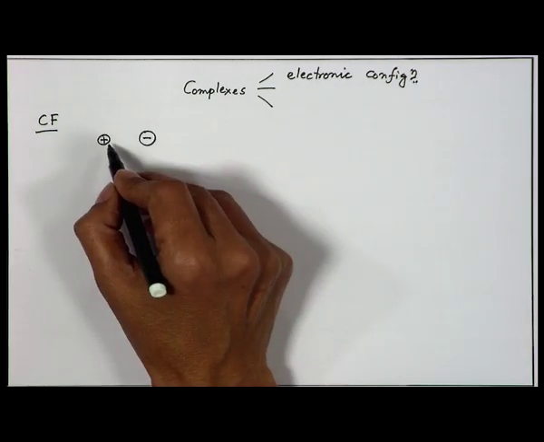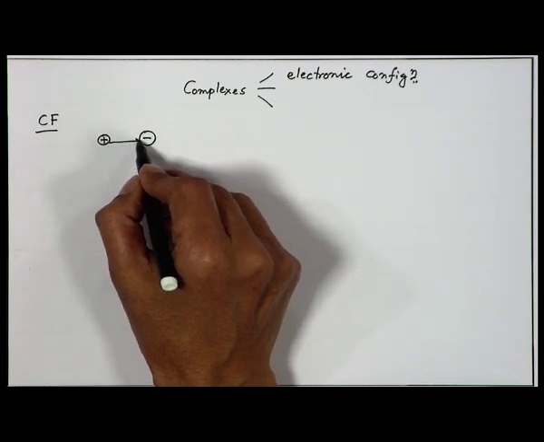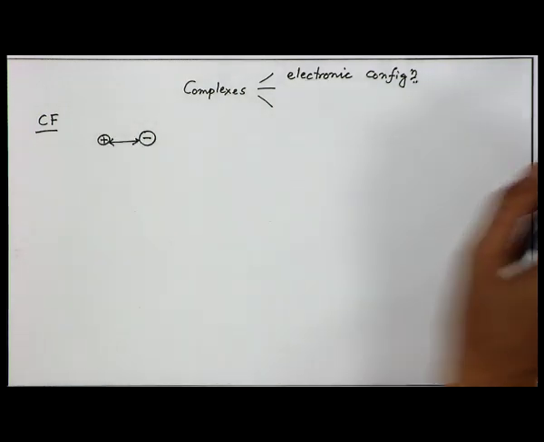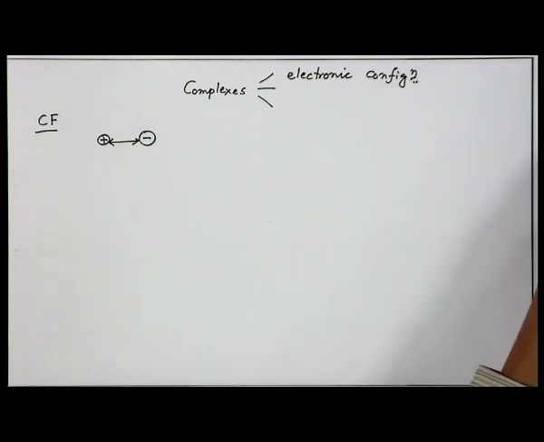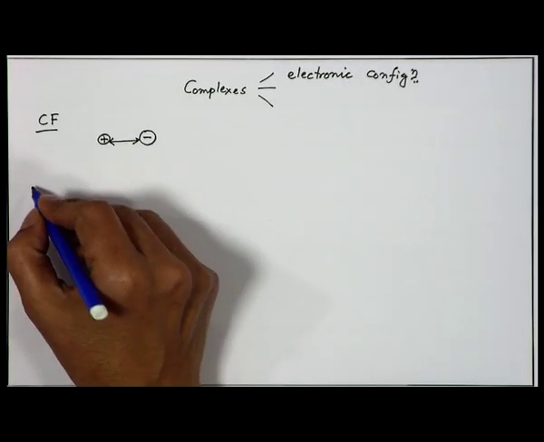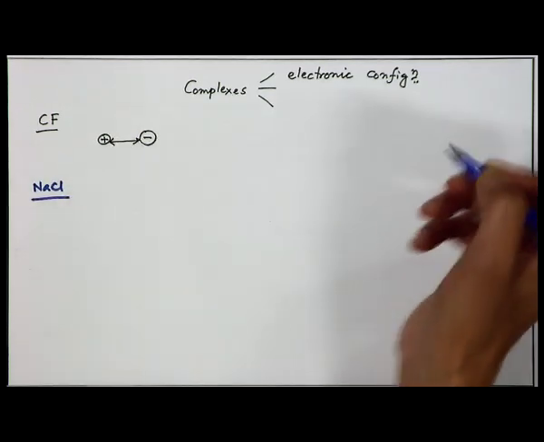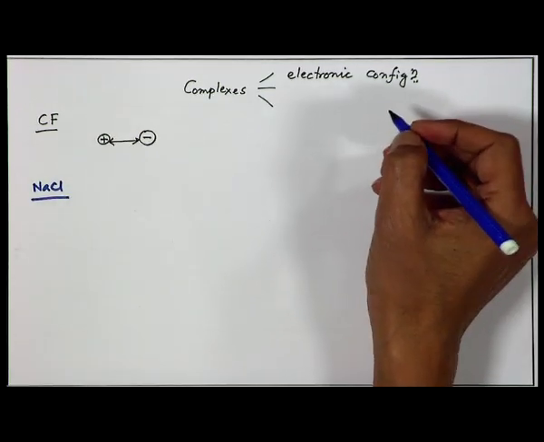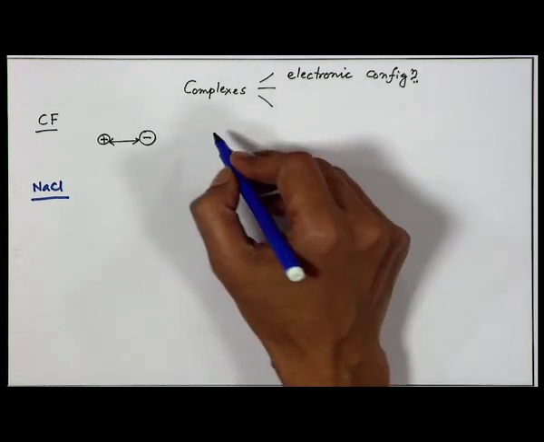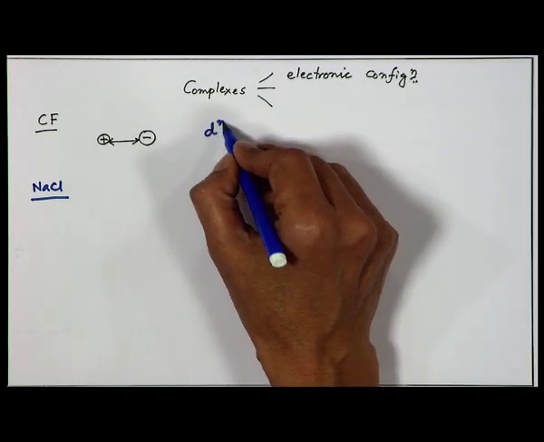When they form a coordinate bond, we consider this interaction like what we find in the crystal of salts like, say, sodium chloride, and how the different orbitals, particularly the d electron configuration.